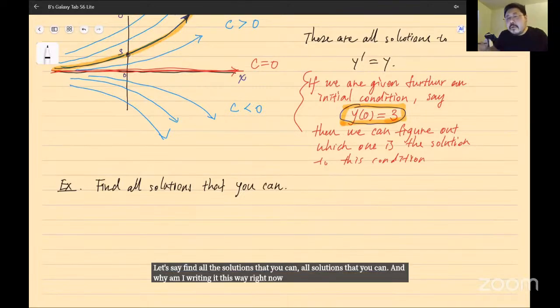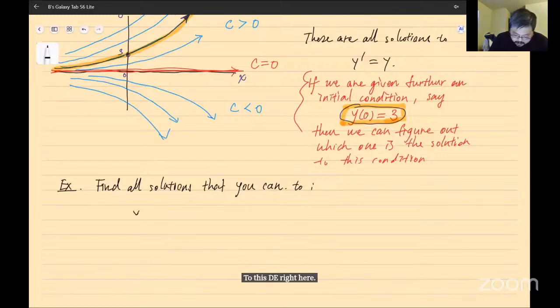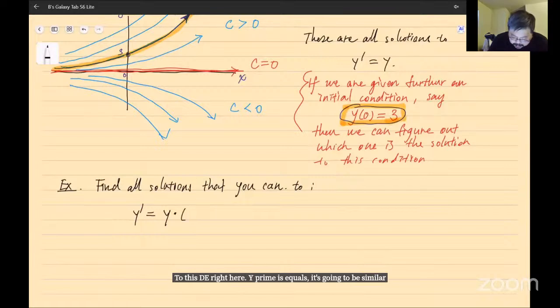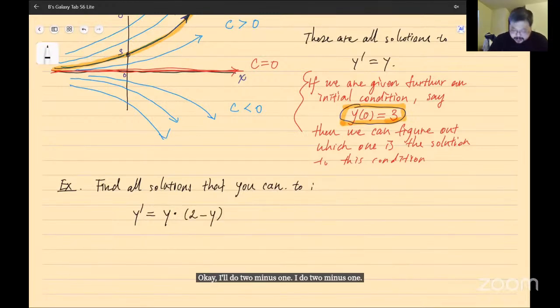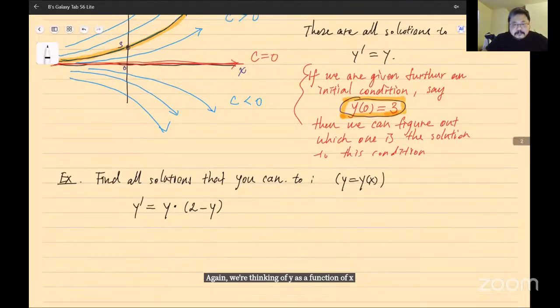It's because right now you don't know whether that's all the solutions, but find as many solutions as you can to this DE right here. y prime is equal to, it's going to be similar, y times 2 minus y. Find all the solutions that you can to this differential equation. The derivative of y is equal to y times 2 minus y. Again, we're thinking of y as a function of x just for simplicity.